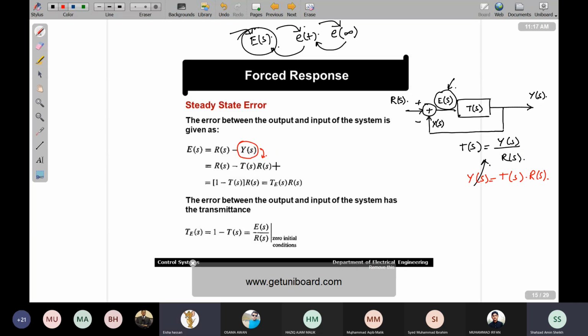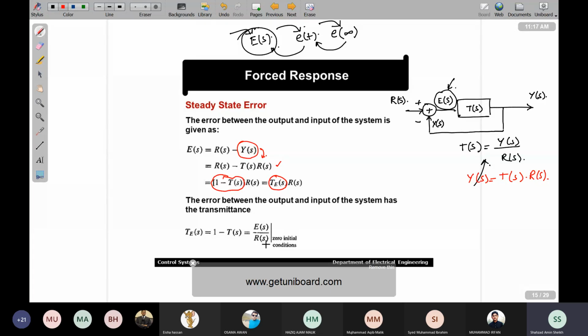Yes, sir. Okay, then we have taken the common R(s) common लिया, तो this is 1 minus T(s). And अब इस 1 minus T(s) को हम एक नया नाम दे रहे हैं, which is T_E(s). And T_E(s), if you look closely, it is nothing but E(s) over R(s) ही है.